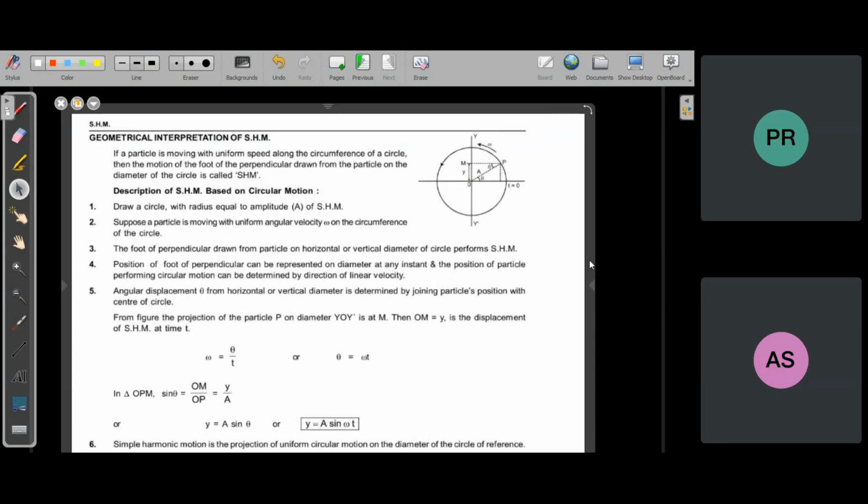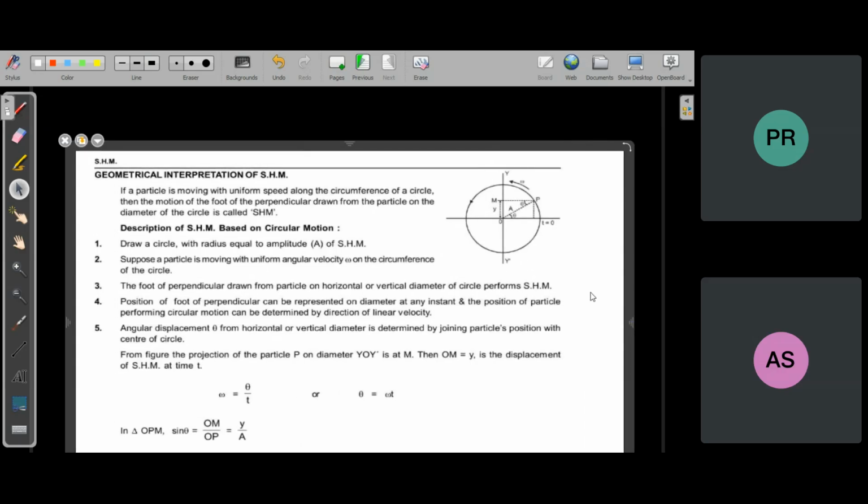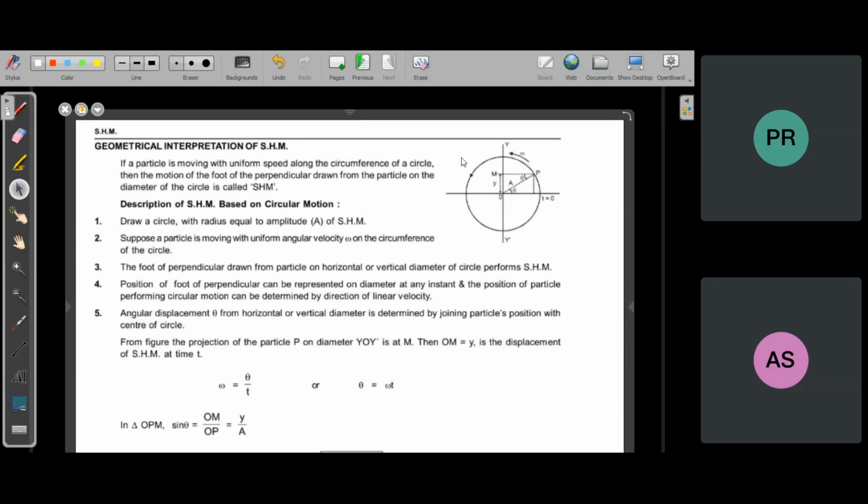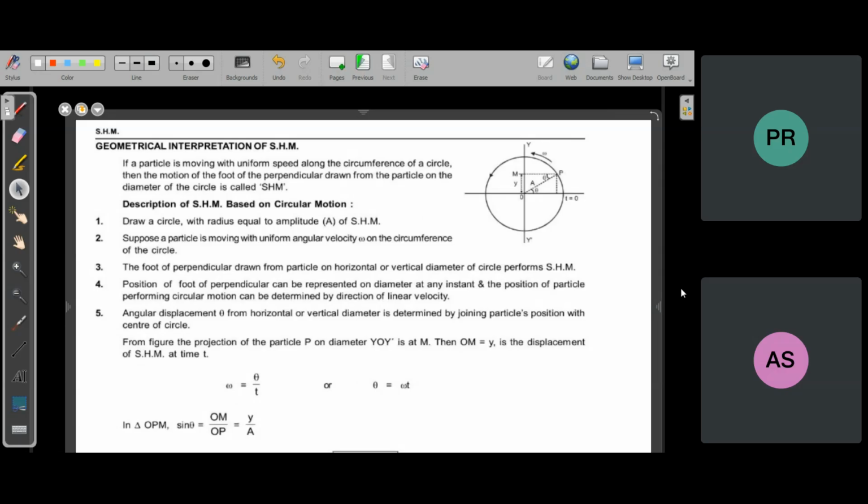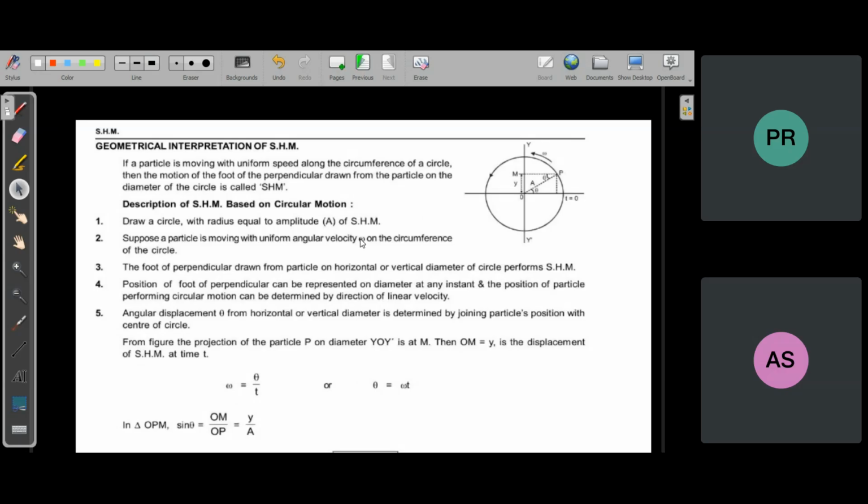Imagine there is a particle going in a circle with a uniform angular velocity omega, in the anti-clockwise sense. So here you can see it is going in this direction, in the anti-clockwise sense, with angular velocity omega.